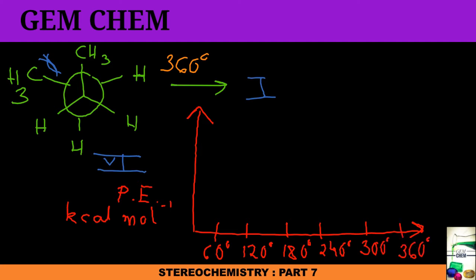So the first one is highest in energy, so this is the highest point of energy. The next one, for 60 degree rotation, is down in energy compared to number 1. So here is number 1, and the next one is a little decrease in energy, so it is number 2. Next comes our further one, that is partially eclipsed.